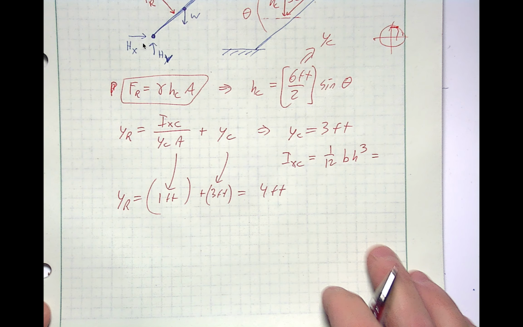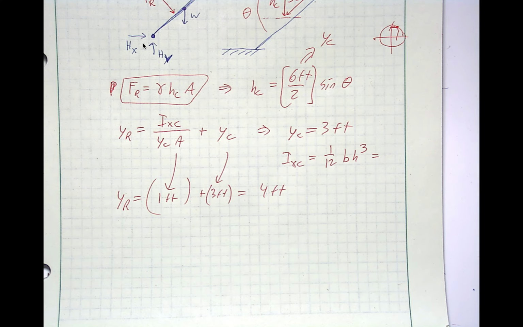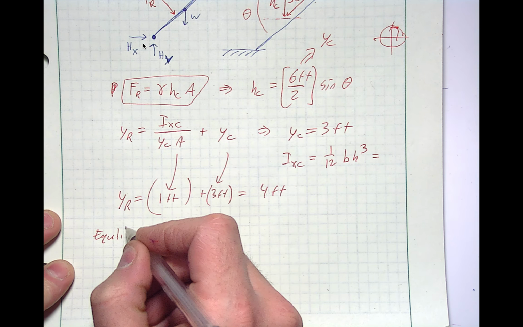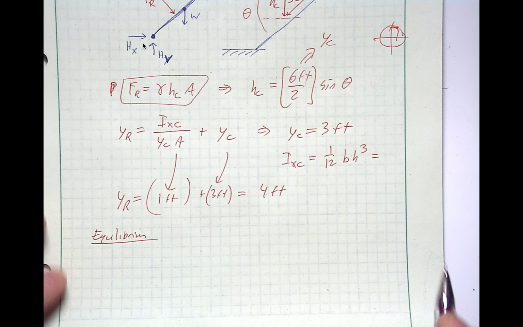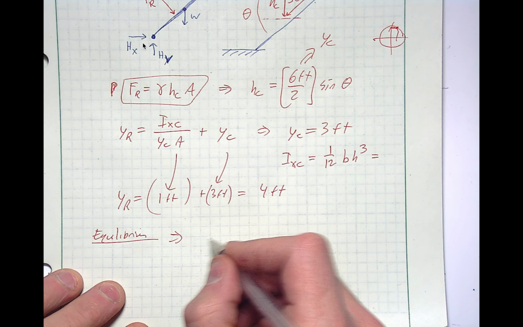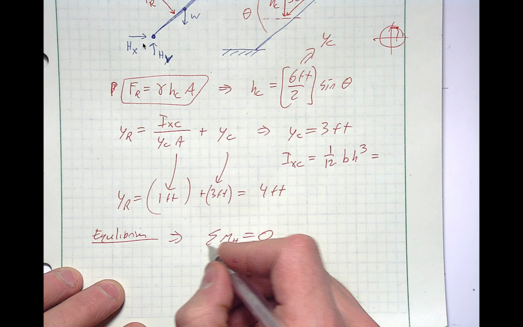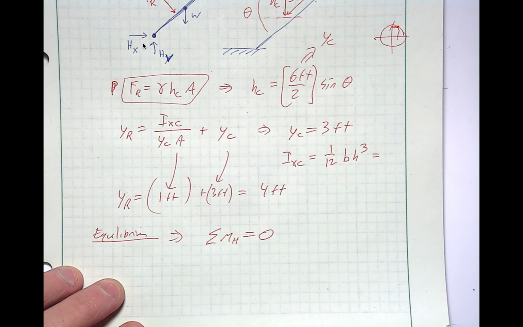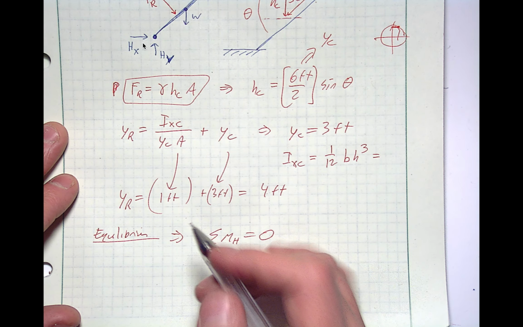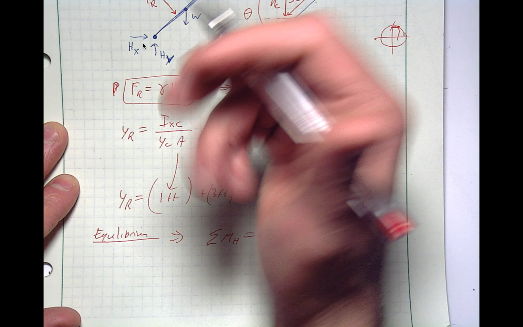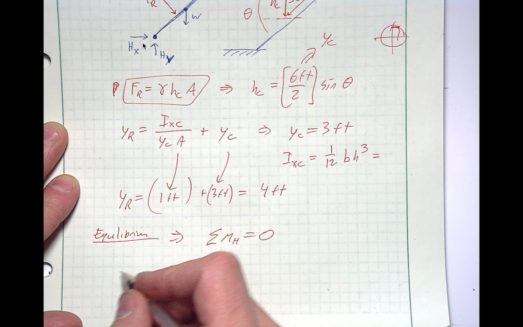I want to get to fluids that move. All right, so I think we're now set up to get our equilibrium. That is, the sum of the moments about H must be 0, as long as the cable isn't breaking. So what do we have here? Let's start at the top and work our way down.